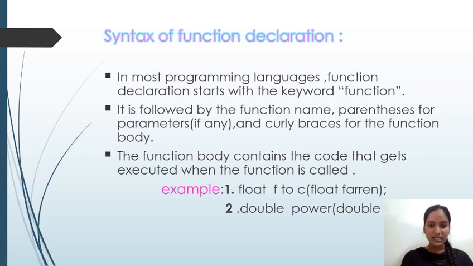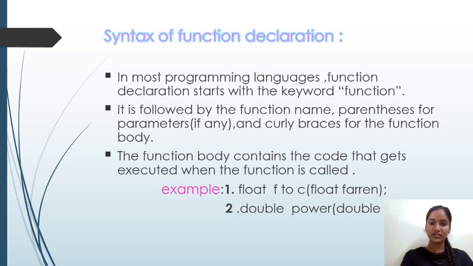Now we will see the example. Here float F2C float Faren. Here float is the return data type. F2C means we are giving a name to the function, that is Fahrenheit to Celsius. So here next in the open parenthesis we see float Fahrenheit.